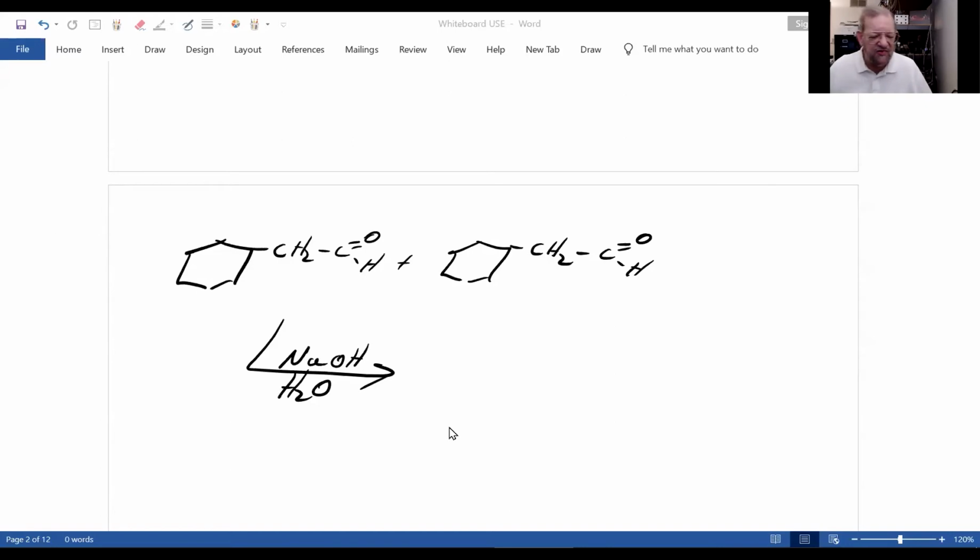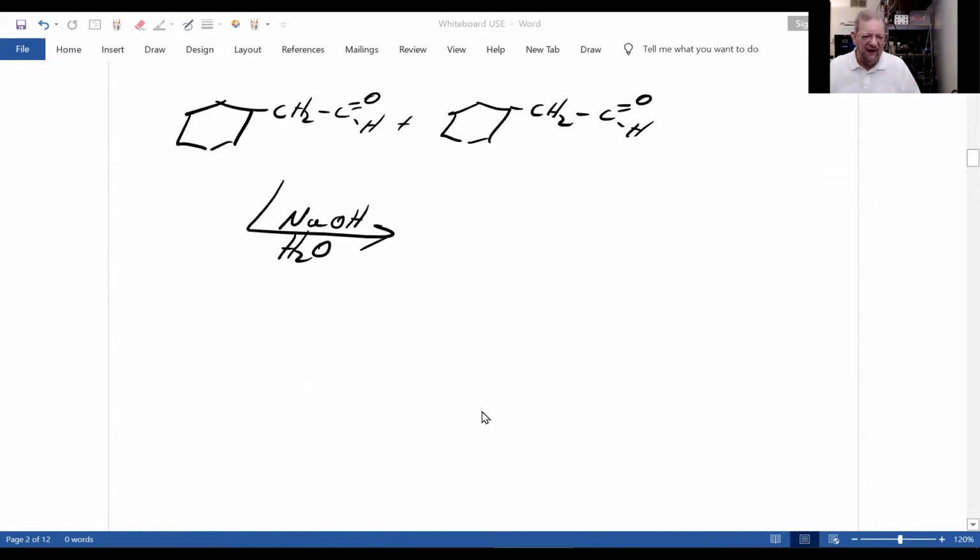All right, let's look at this. How do you determine what the organic product or products are of the following? I look at the first thing and say, oh, wait, this is an aldehyde. And I'm reacting with base. Here's the same aldehyde again. This is an Aldol condensation.